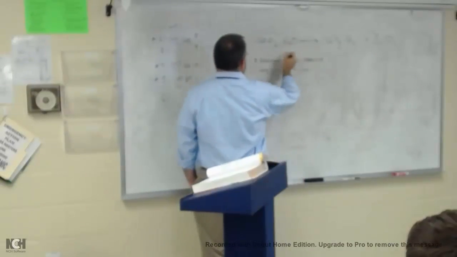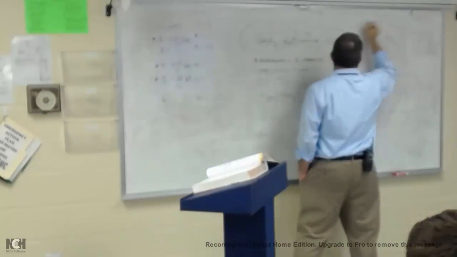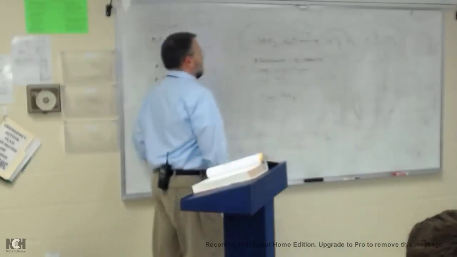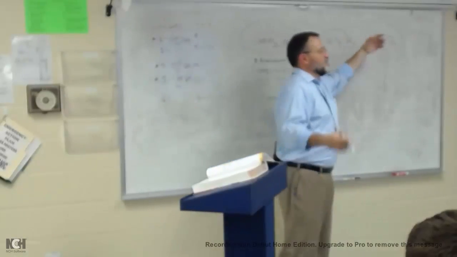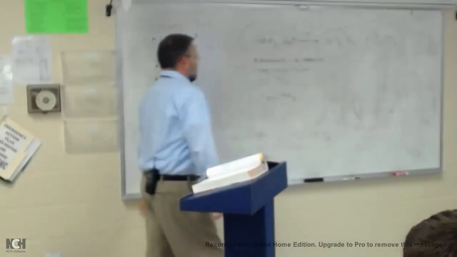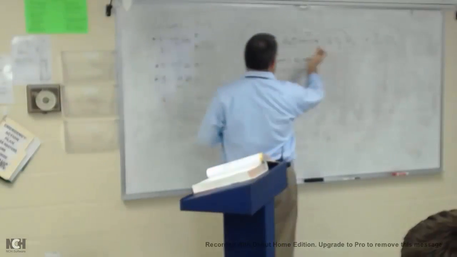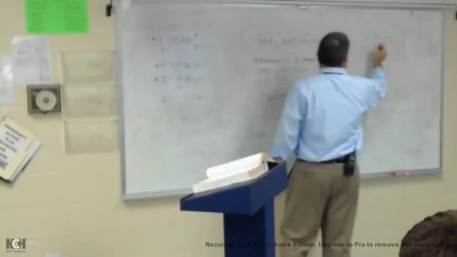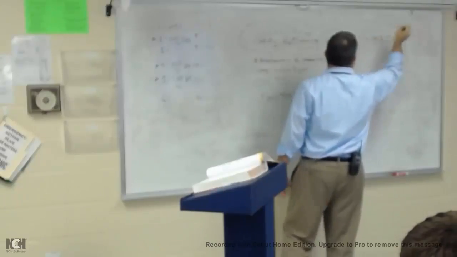Because the mass of all of this has to equal the mass of all of this. This is 150, and this is 16.7 plus something. What's the something? 133.3. 133.3 plus 16.7 is 150. So we produced 133.3 grams of O2.